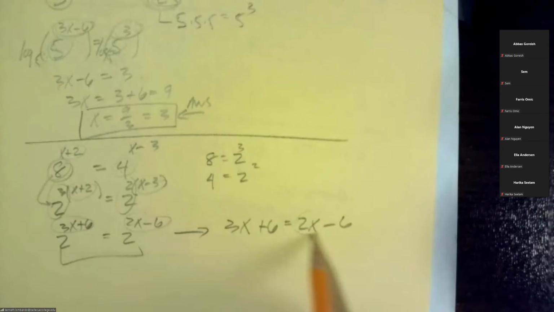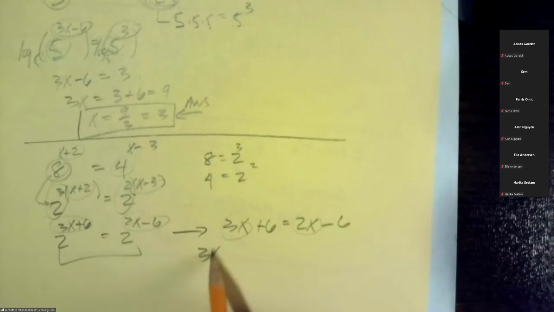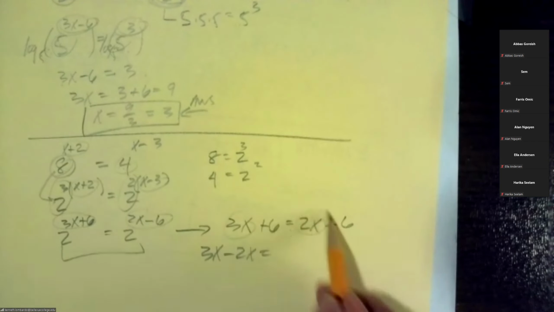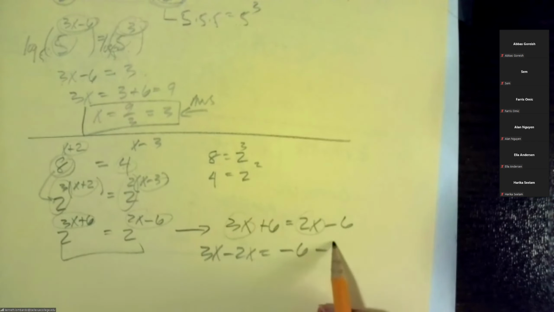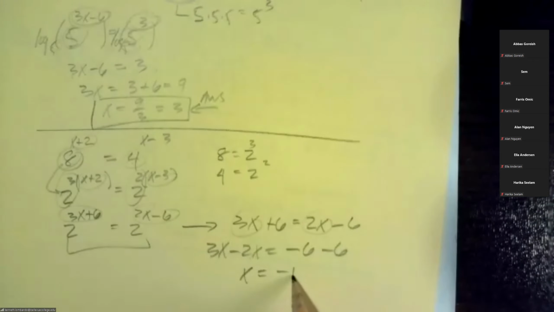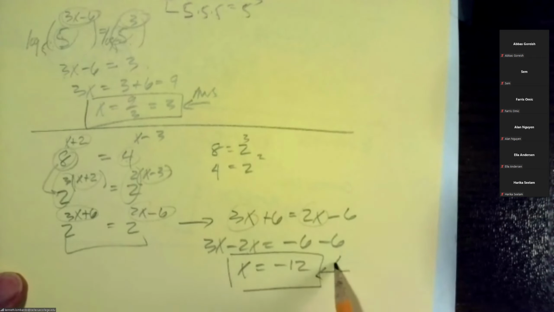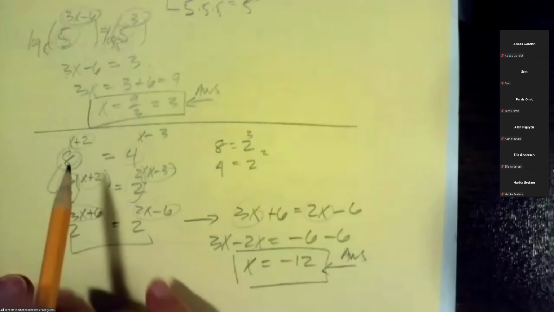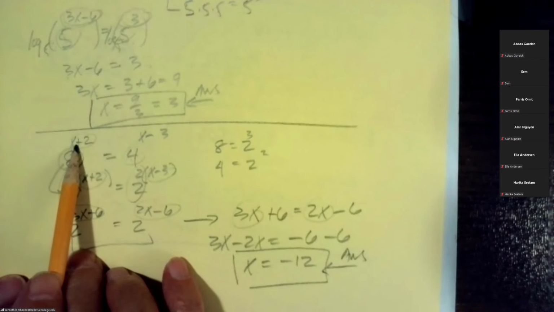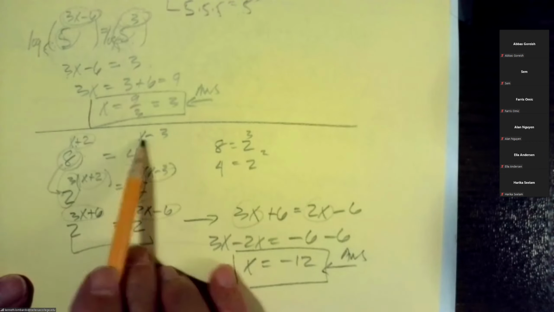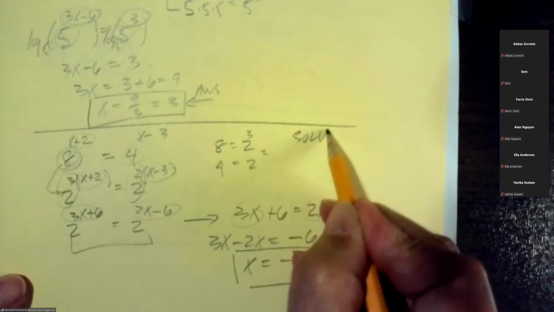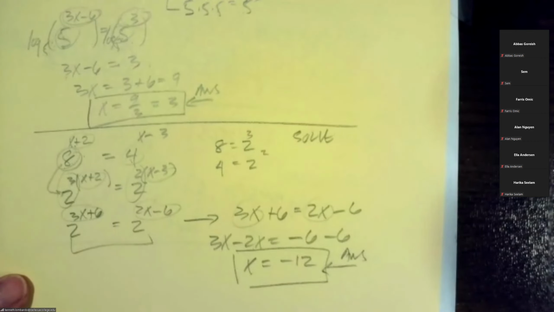Okay, so bring the 2x to the other side, and we'll get 3x minus 2x equals, and bring the 6 to the other side, we get negative 6, negative 6. Combine these, we get x equals negative 12. So that when we have 8 to the x plus 2, set that equal to 4 to the x minus 3 and ask you to solve, that's the process that we could go through to solve. Okay, questions?